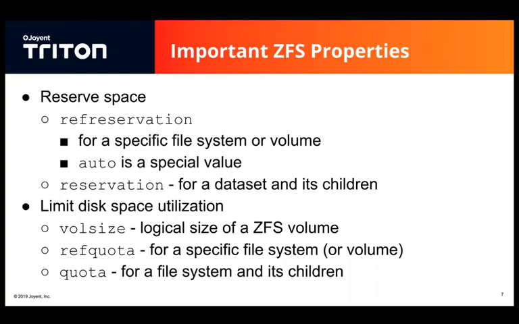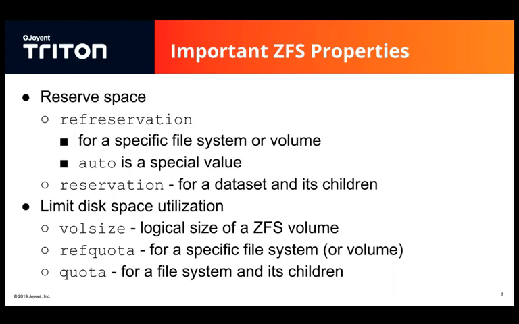So I have talked a little bit about this already. The ZFS properties that are in play here are ref reservation. Ref reservation applies to a specific file system or volume. It says how much space is reserved, how much space is guaranteed to be available for that file system or volume.